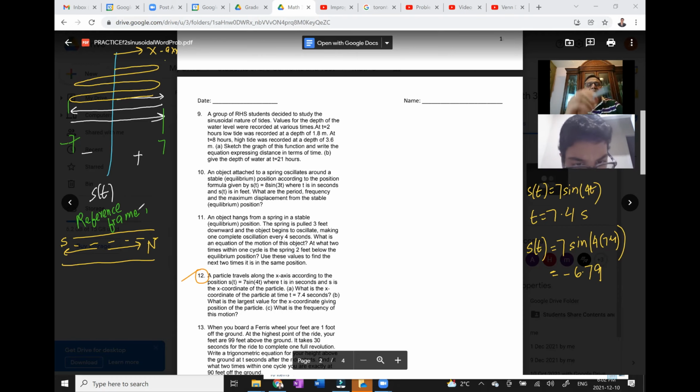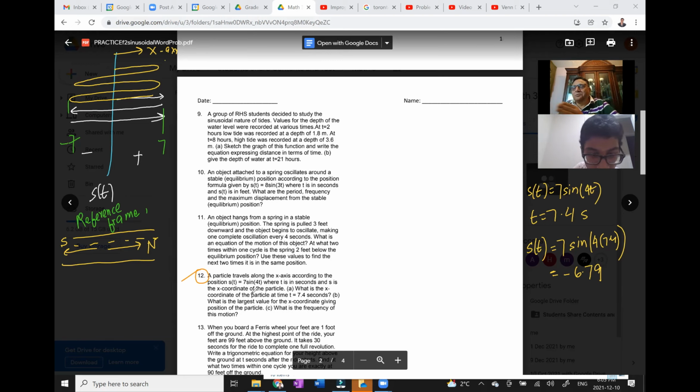Okay, so let's read this once again. A particle travels along the x-axis according to the position s of t equals 7 sine 4t, where t is in seconds and s is the x-coordinate of the particle. Now you understand the x-coordinate.